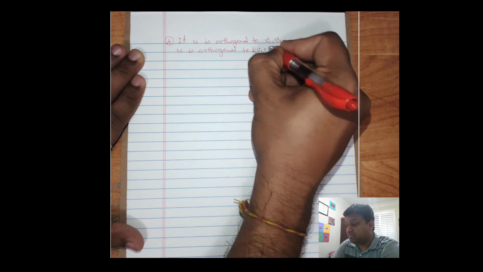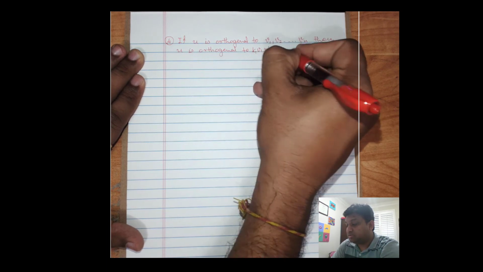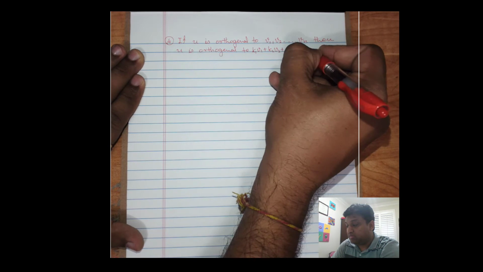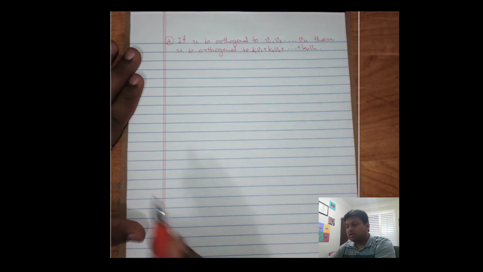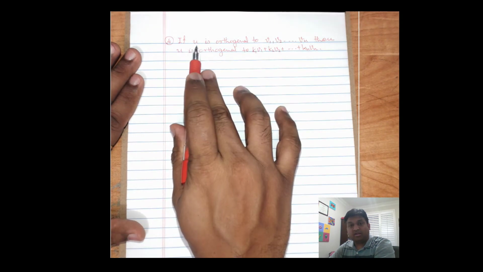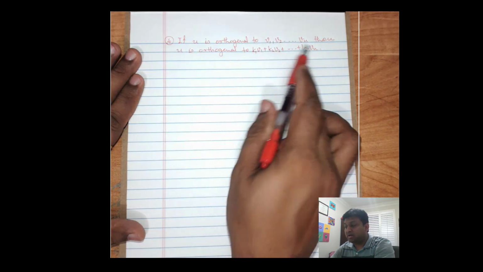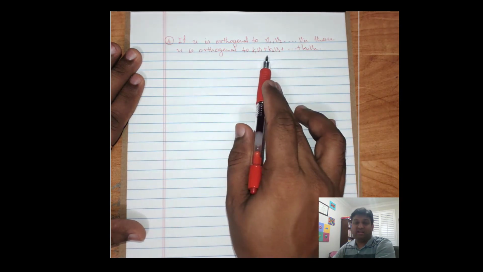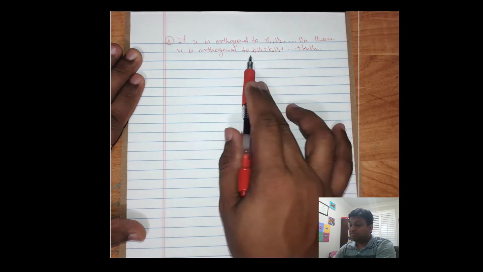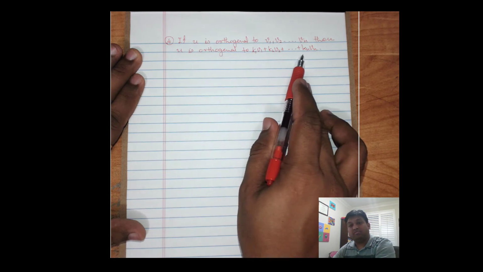So k1 v1 plus k2 v2, and so on, kn vn. Alright, a very crucial remark. If a vector is orthogonal to a set of vectors, then the same vector will be orthogonal to any linear combination of v1, v2, vn. Alright, why do we need this?